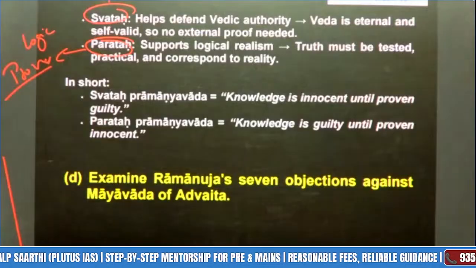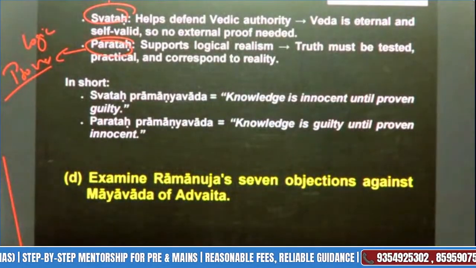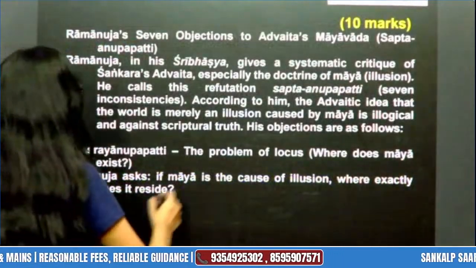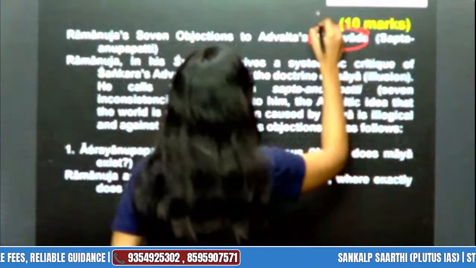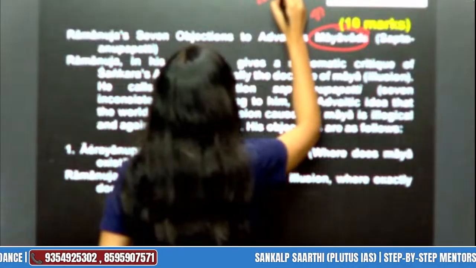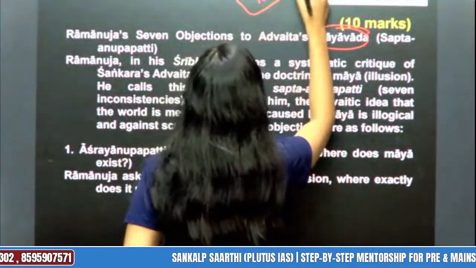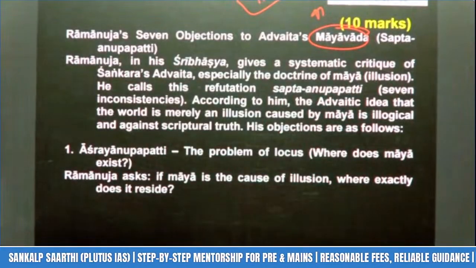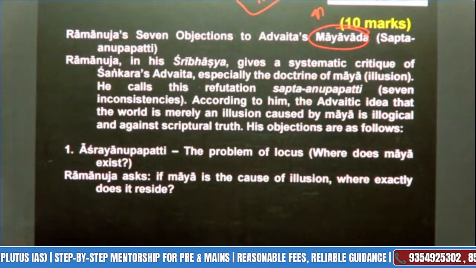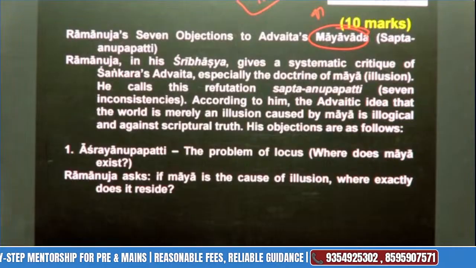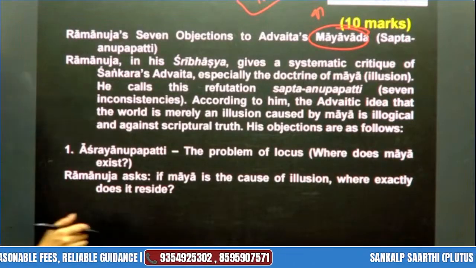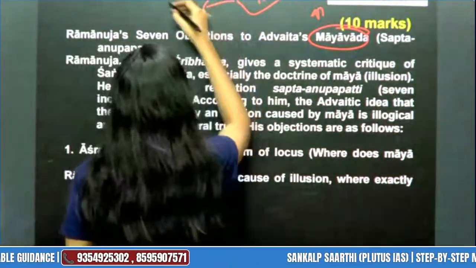So the question says, examine Ramanuja's 7 objections against the Mayavad of Advaita. Mayavad, which is illusion, right? So this is what we have to contradict in Ramanuja's book. Advaita said that the world is illusion, Maya, that Brahma alone is the reality.